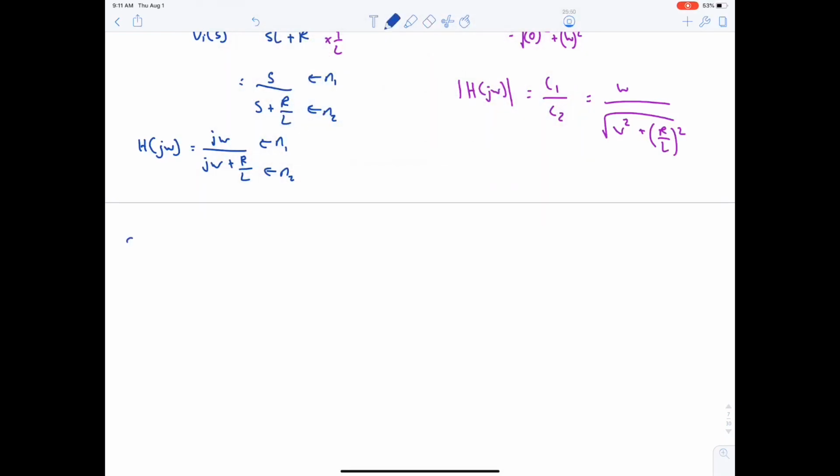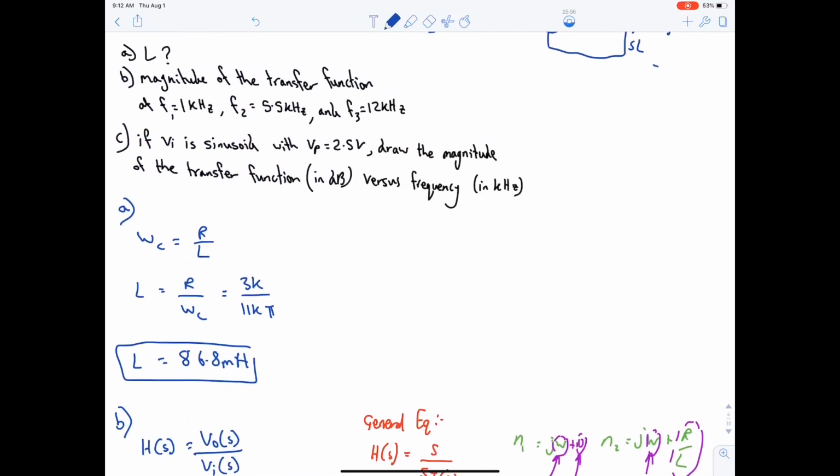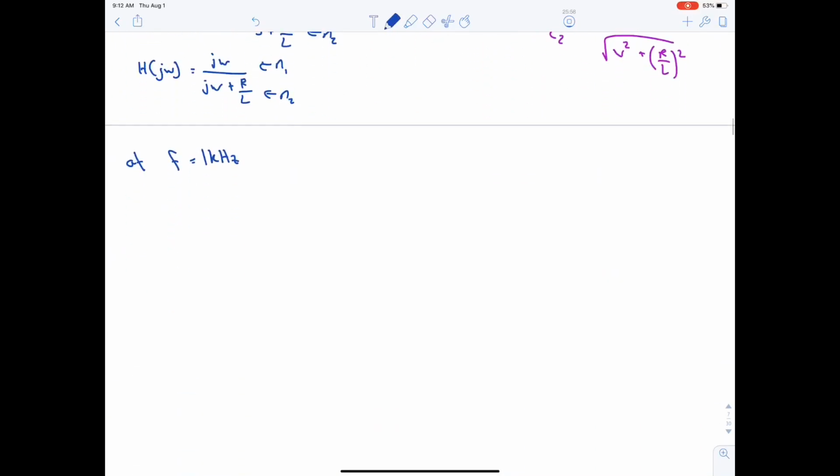So at the first frequency, which is 1 kilohertz, what's omega? Omega is 2 pi f, hence it will be 2 kilo pi rad per second.